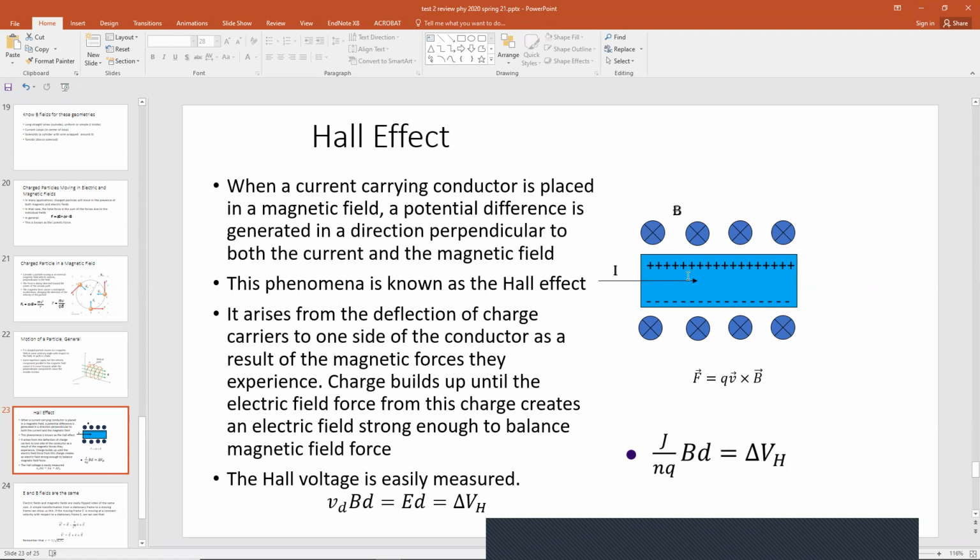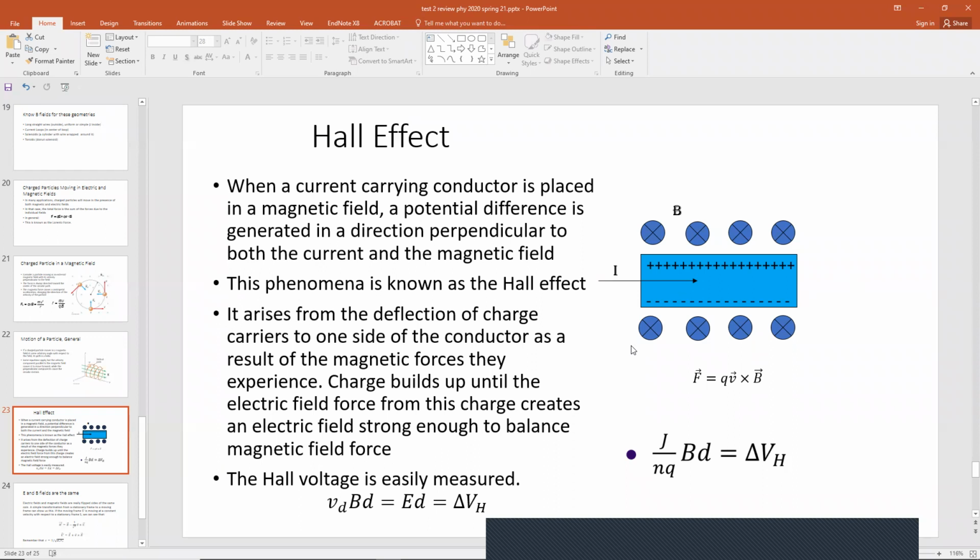Now, what would happen here is that there's going to be a force on those moving charged particles which make up the current, and that force will be given by the right-hand rule, F equals QV cross B. That will cause the charged particles to move perpendicular to their direction of motion, so it'll give them an acceleration either up or down, depending on the sign of the particle.